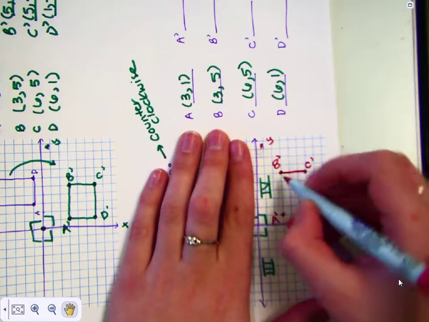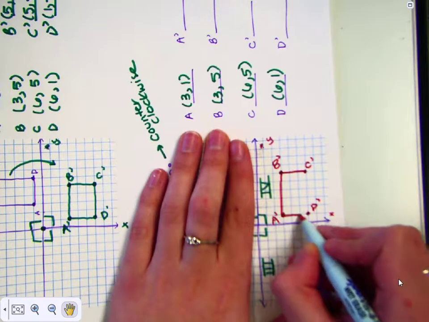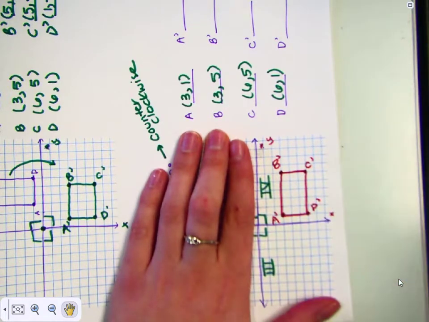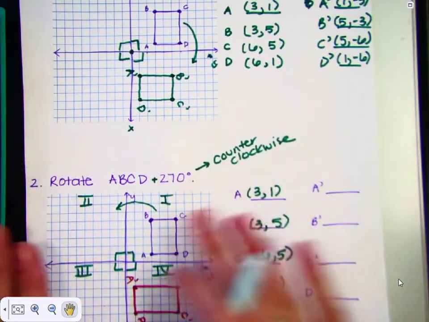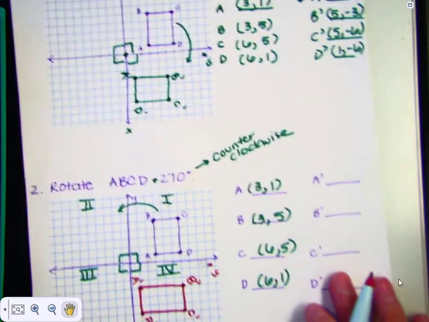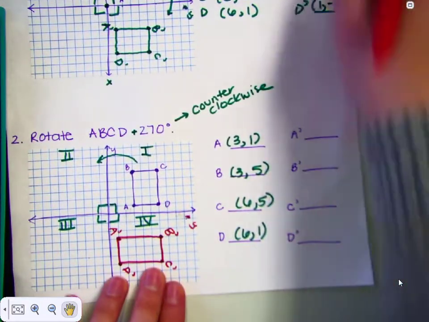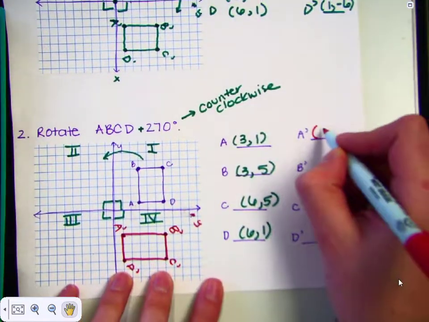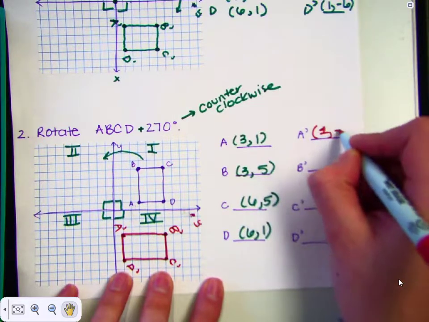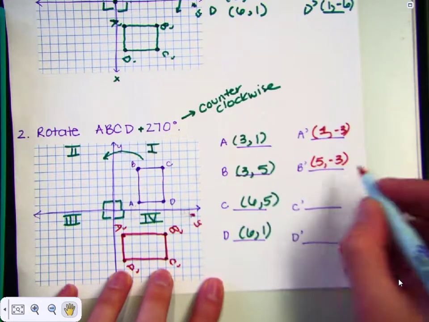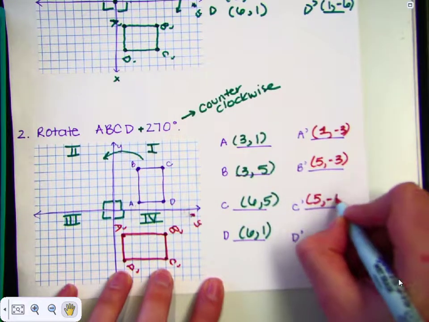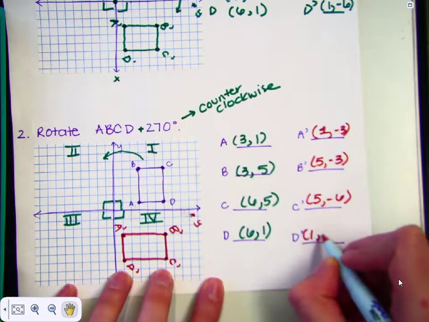And so I can again draw my figure. And then I have to remember to turn it back to the regular way to write down your new points. So begin 1, negative 3, 5, negative 3, 5, negative 6, and 1, negative 6.